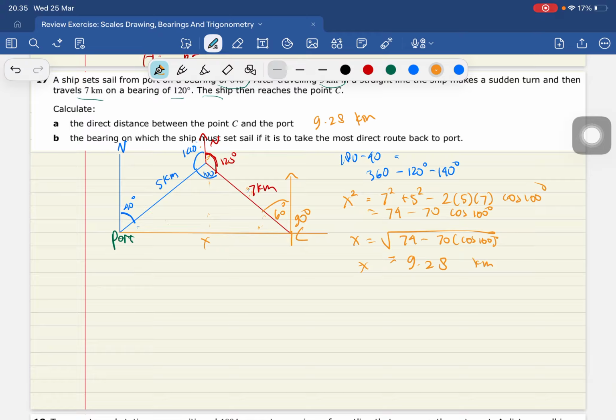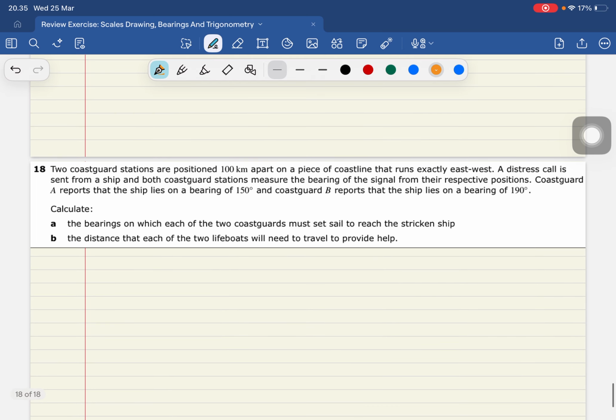Here also is 90 degrees. Actually you need to use a protractor so you will be able to find the degree. You just count from here until back to the port. So based on the answer you get after using a protractor correctly, it's going to be 268 degrees.